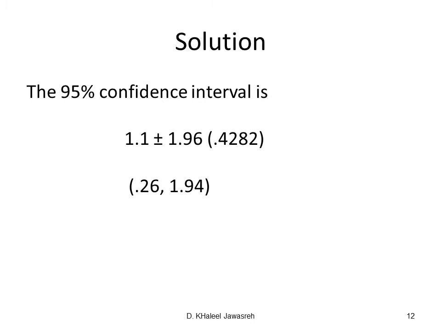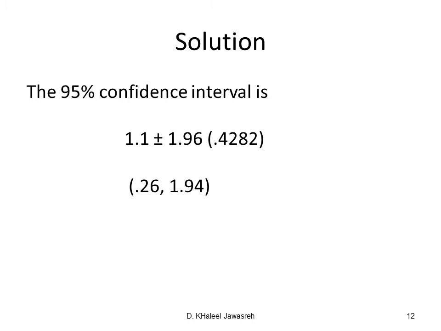It is 0.4282, and 1.1 is the difference between x1 bar and x2 bar, which has also been calculated. Now 1.96 here is multiplied by the standard error. Where do we get it from? We get it from the Z tables, which is 1.96. We are dealing with 95%, and from the previous slide we can use it directly. You don't need to return to the table. You do need to memorize them.